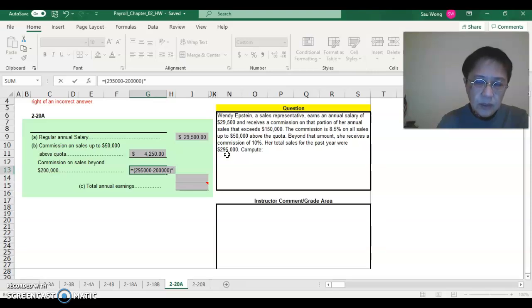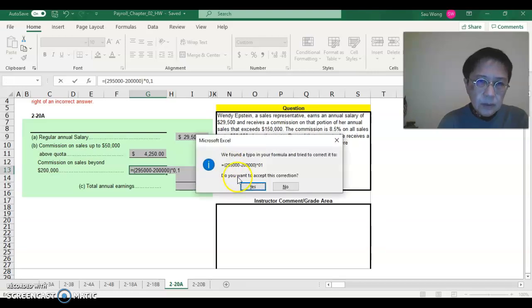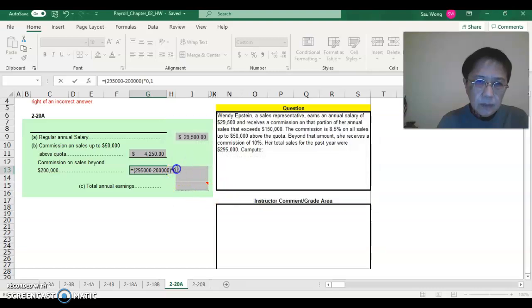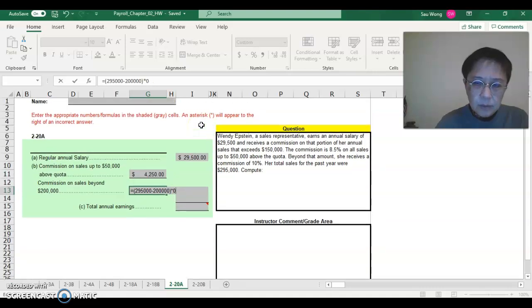We need to convert it to a decimal, 0.1. Sorry, I hit something wrong. It should be the decimal point, 0.1.